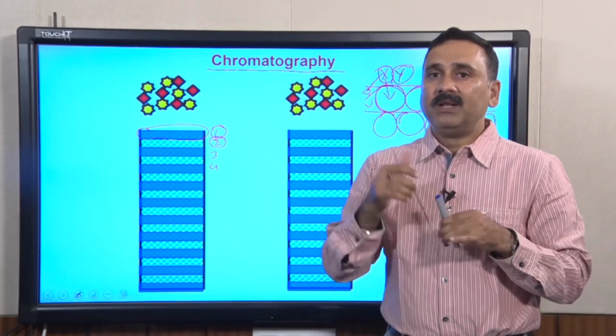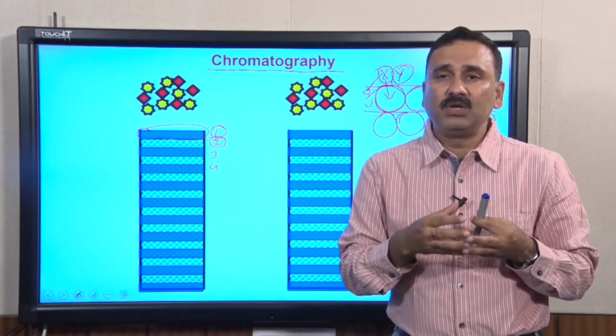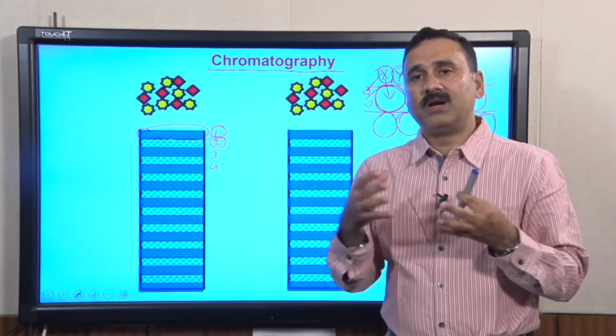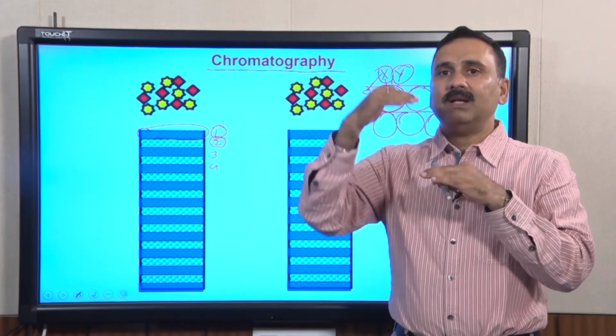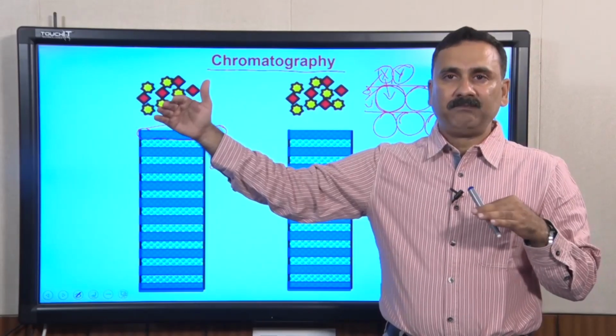That is why, if you have hundreds of molecules, they experience hundreds of distributions, and as a result you will see molecule A being separated from molecule B.